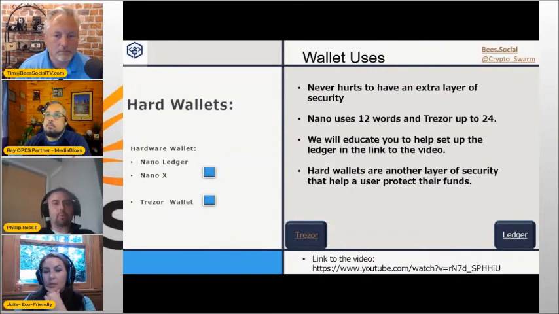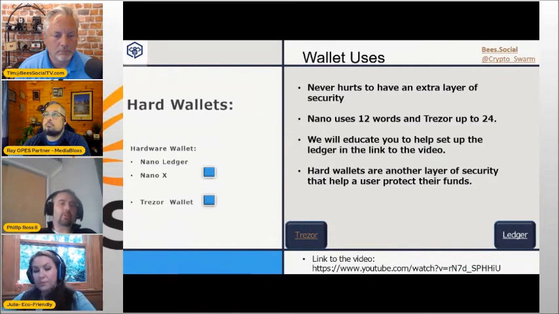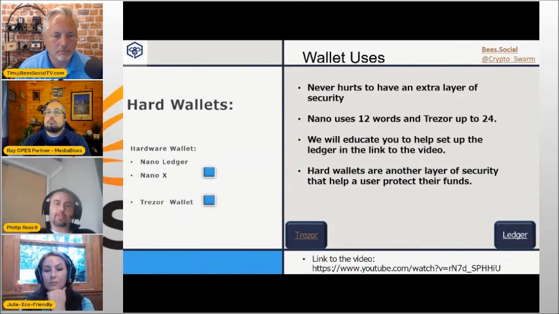In here, on these buttons, you will be able to shop for hardware wallets. They're direct links to the Ledger Nano S and Nano X, and here's the Trezor wallet too. On these other links on the right side will be the Trezor videos, so they can direct you on how to set it up.